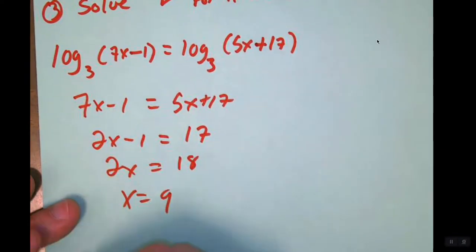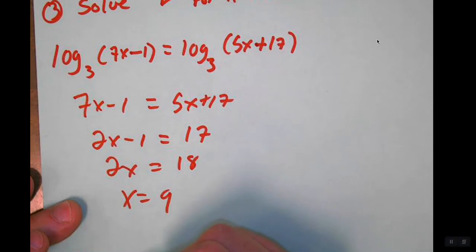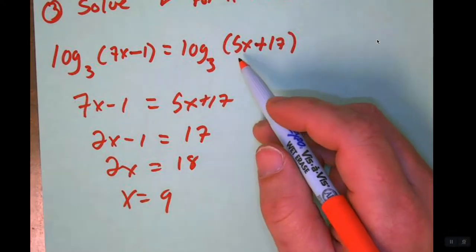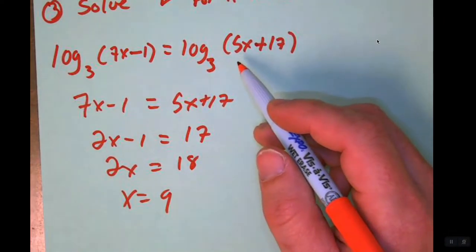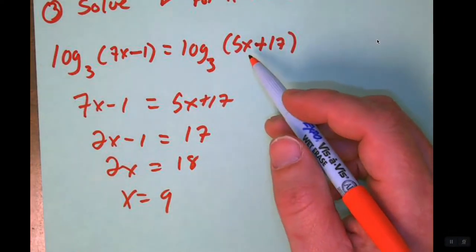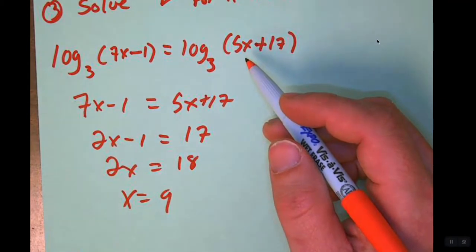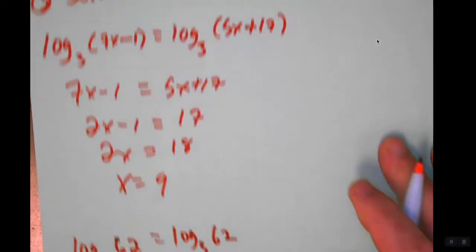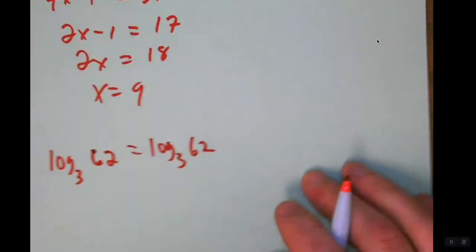So you got log base 3 of 62. And then 45 plus 17, so you got it is equal to log base 3 of 62. Right? So I plugged it in and it works.